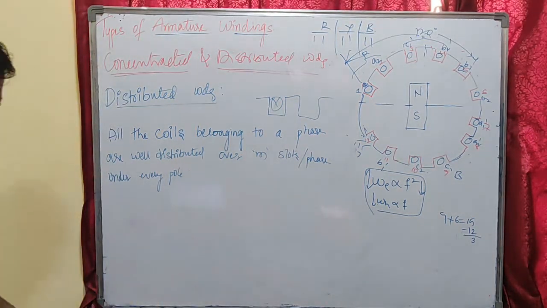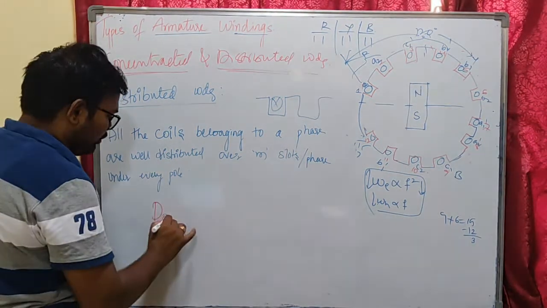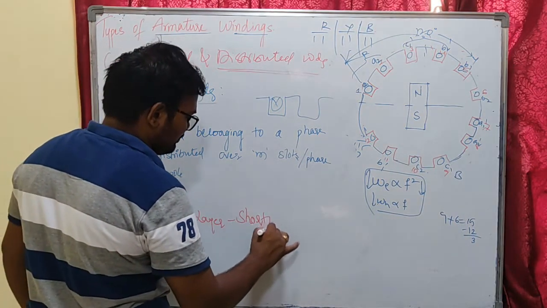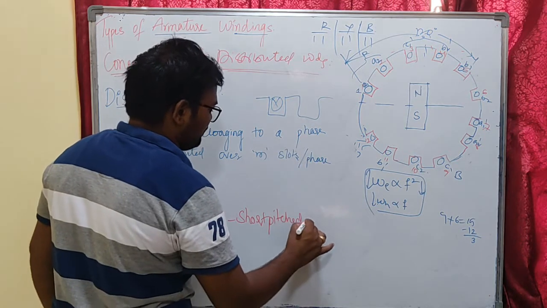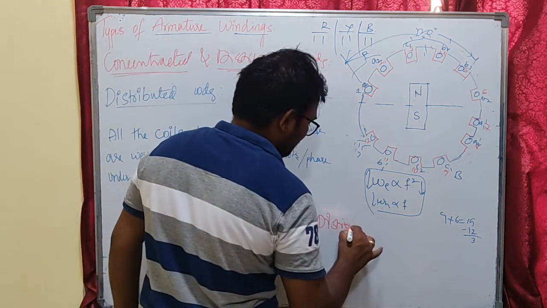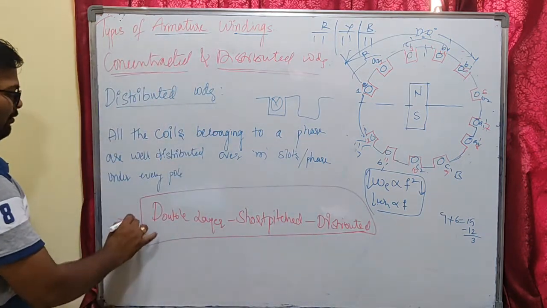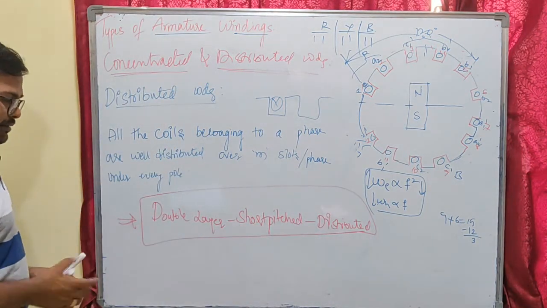So in practice, the type of winding we are going to use is double layered, short pitched, distributed. This is the name of the winding used for our AC machines.